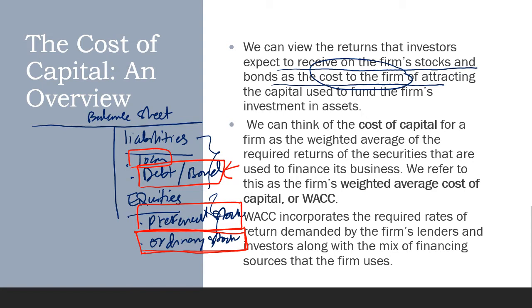So at the end of the day, for the cost of capital, you want to calculate the weighted average, because we want to determine the cost of all these combinations of funding for the specific company. I hope you understand where the position of the chapter that we're going to discuss today is.